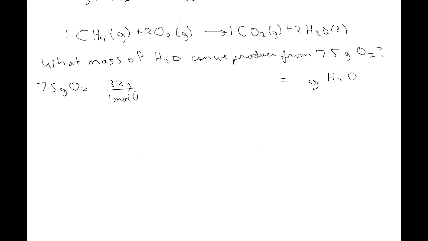No, sorry, 32 grams needs to be on the bottom. It's going to be 1 mole of O2 over 32 grams of O2. Then you need to change that. There's 2 moles of water for every 2 moles of oxygen. Now cancel out the oxygens, and then you change that to grams.